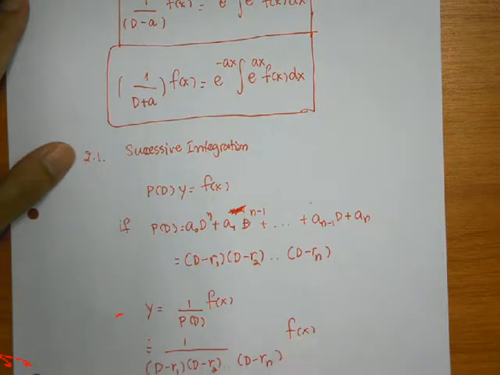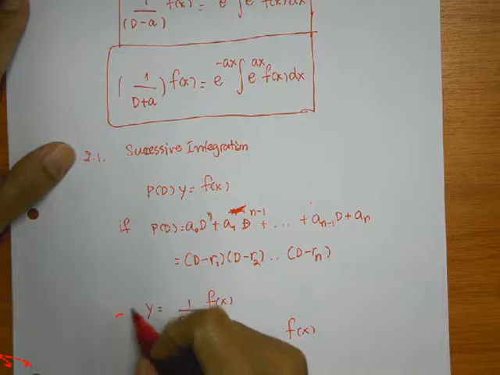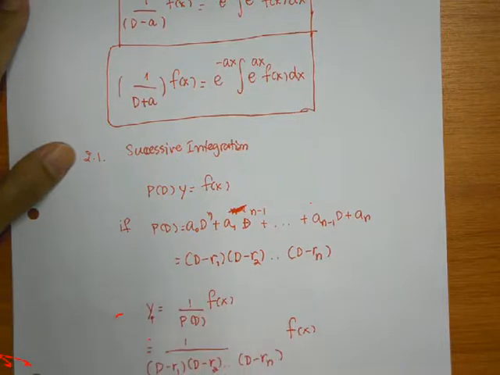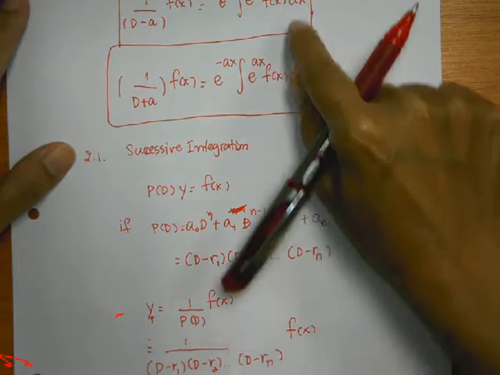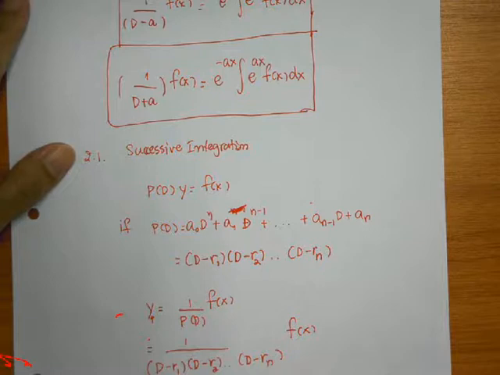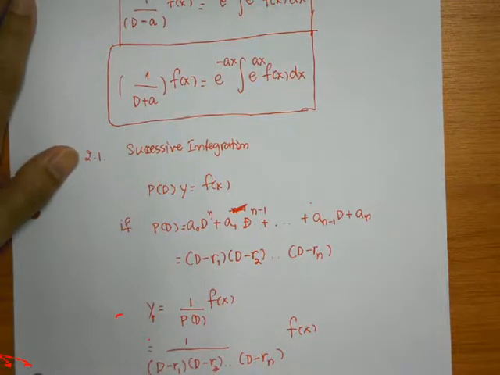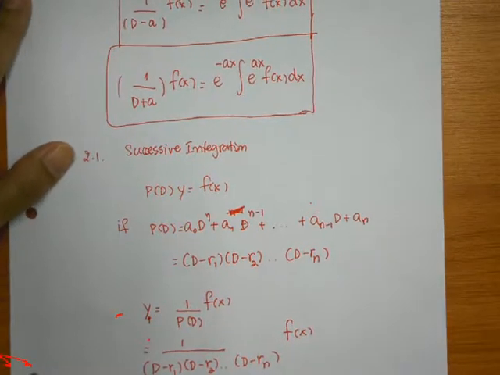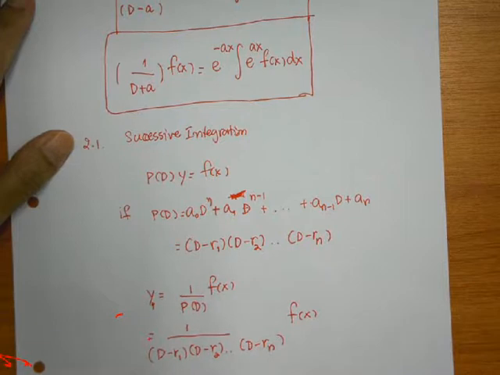So you can find yp. You can find yp by putting the definition that we just made up into each term, and then you do successive integration, and then you would get the yp. Okay, let's take a look at the example. It may be easier to understand.